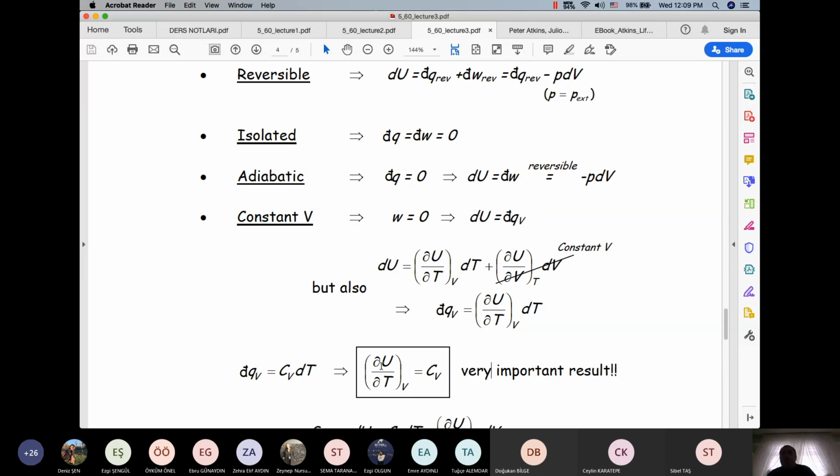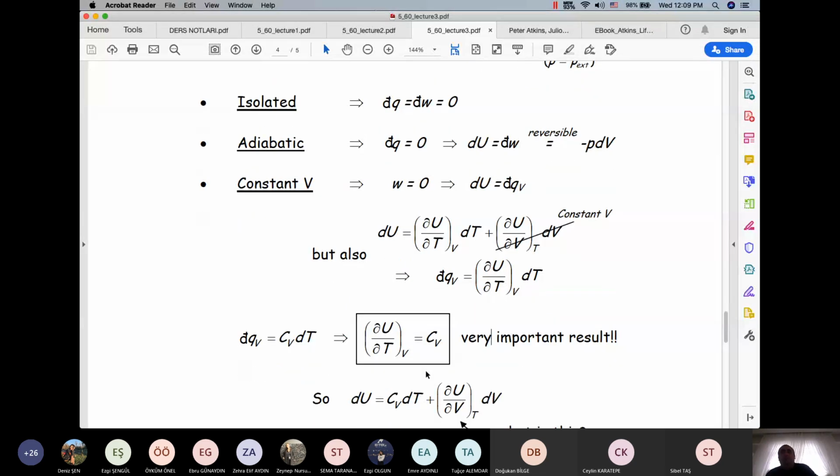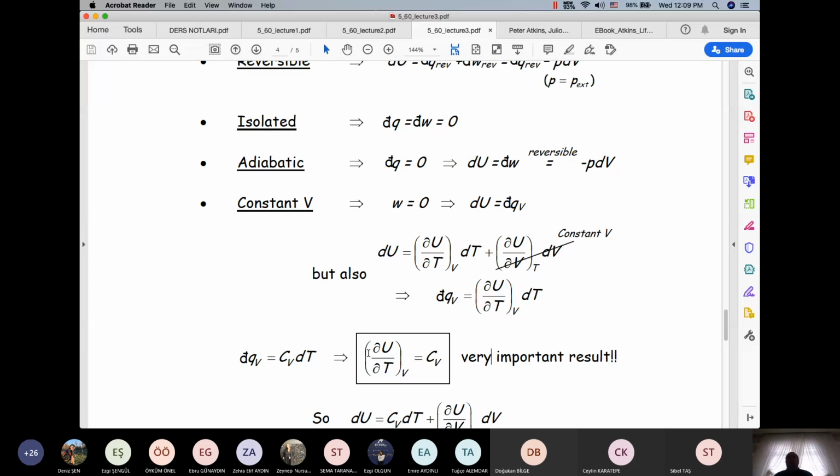The energy's rate of change with temperature at constant volume is described as the heat capacity at constant volume. So the energy change by temperature at constant volume is the heat capacity.